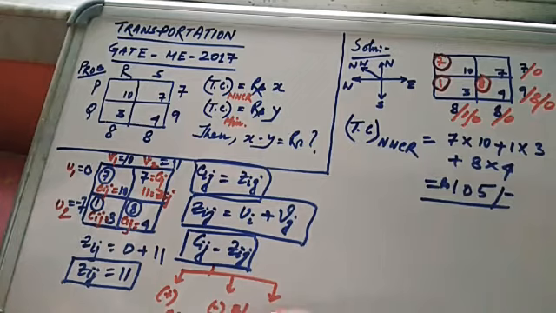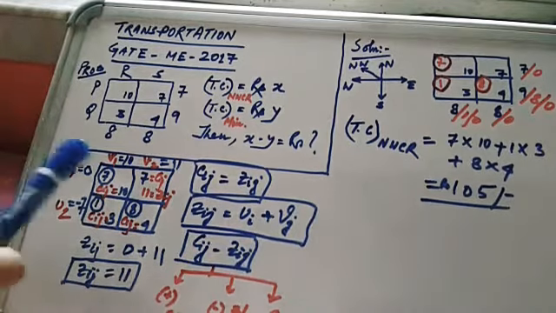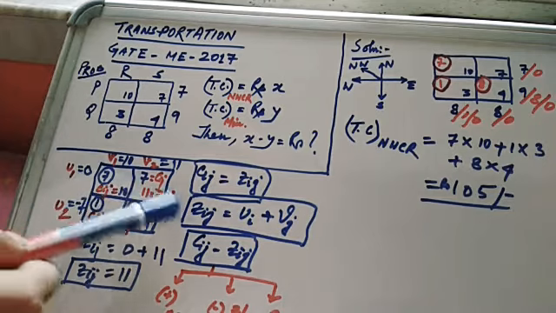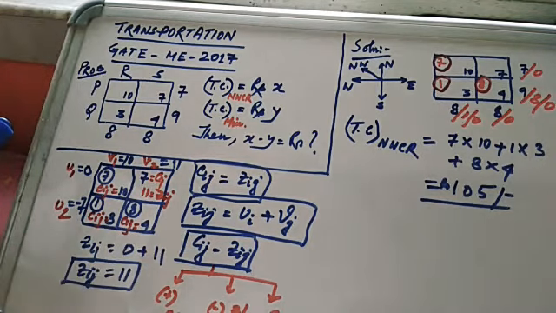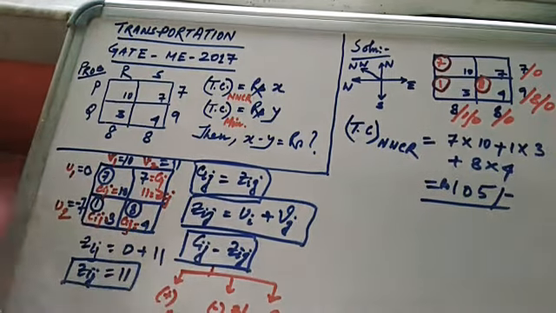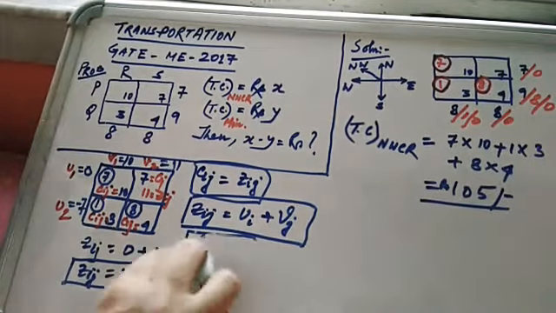If this value is 0, the Z value remains constant. So from this unallocated cell, we have to calculate the Cij minus Zij value. From there you can conclude whether the table is optimal or not. So let us calculate the difference between the Cij and Zij values.